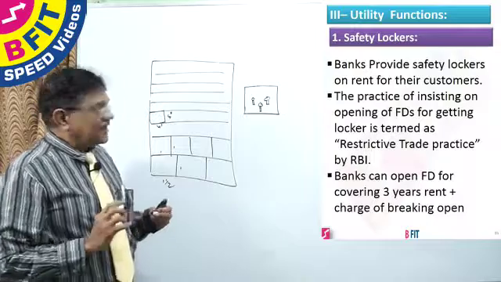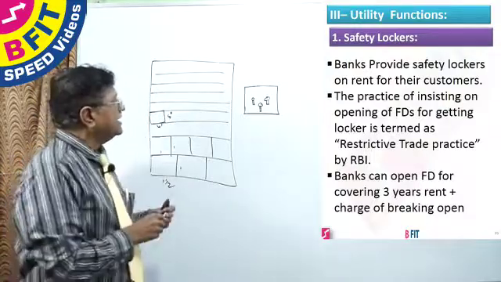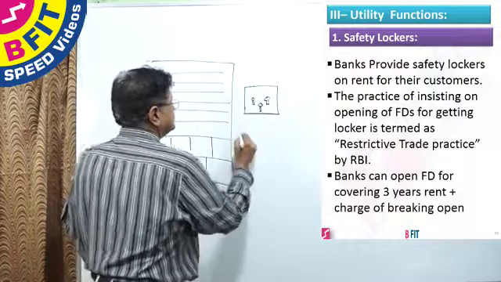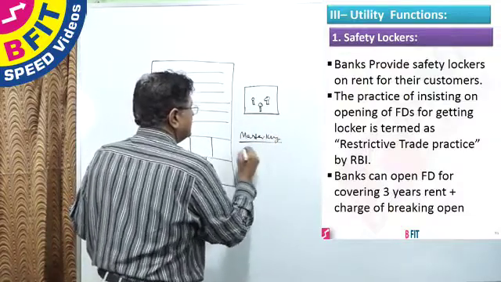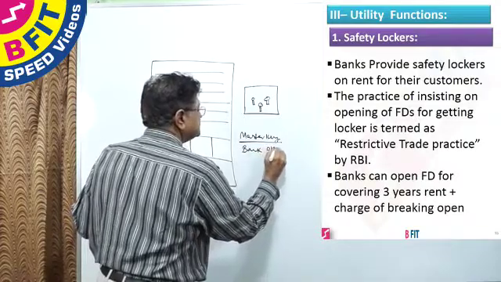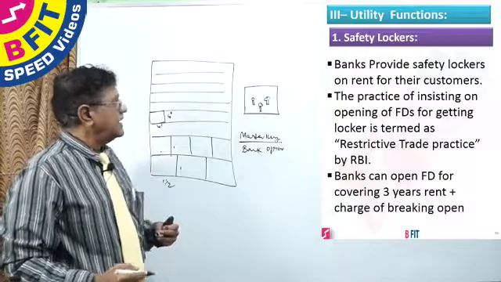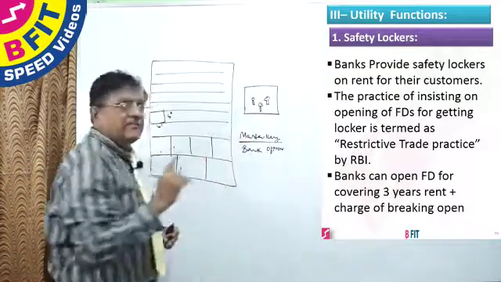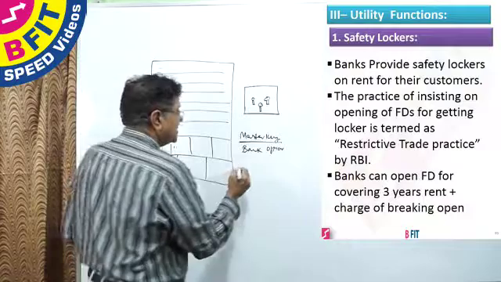For the entire locker unit, there will be one master key, which will be with the bank, or bank manager or bank officer. And each locker will have an individual key, that is called the customer key.